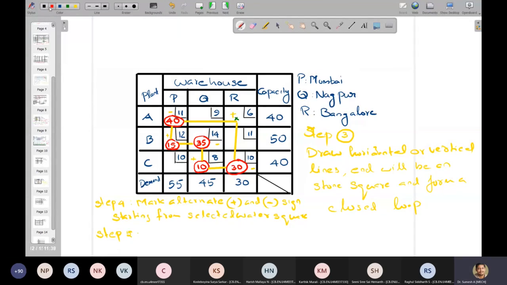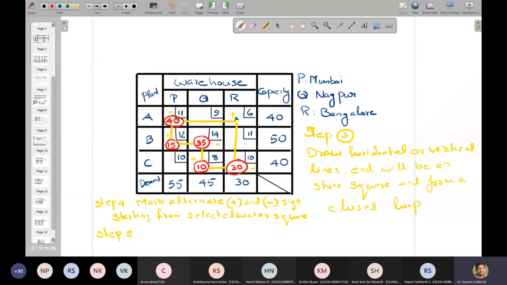And whatever is moving to AR, I need to subtract that from AP and similarly from CR to keep my table consistent. For example, if I move 40 to AR, then the 40 has to be subtracted from here, and the same 40 has to be subtracted from here.